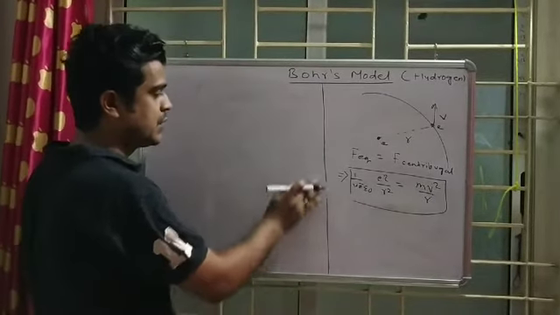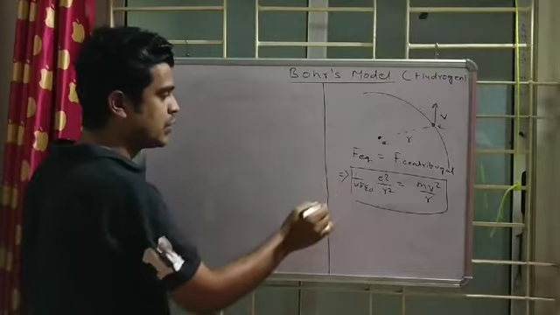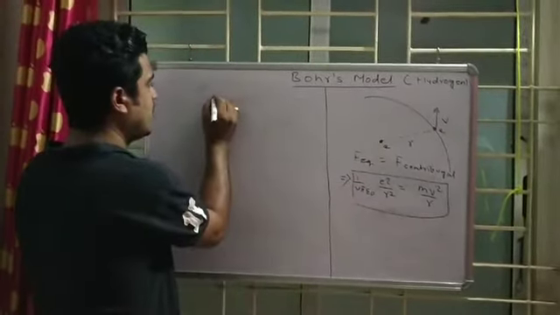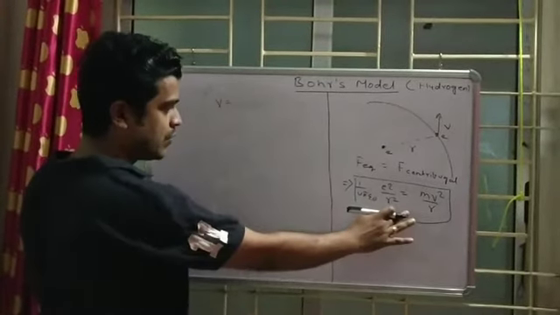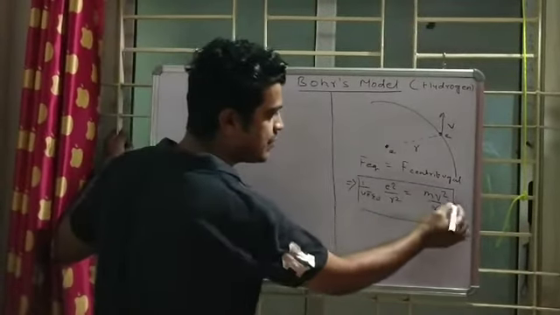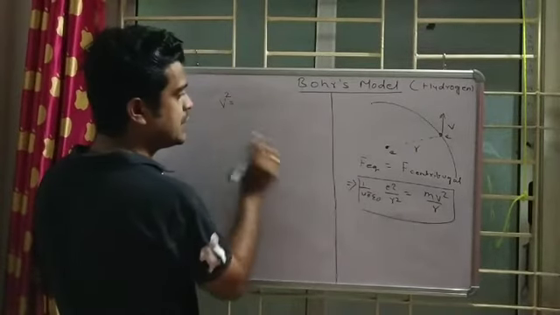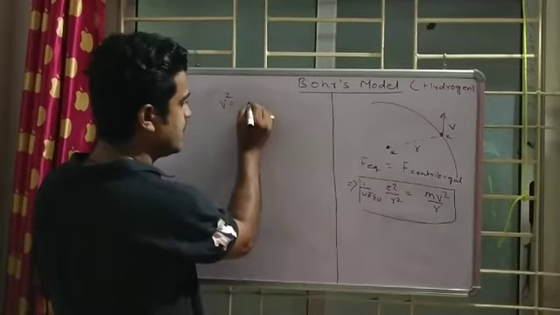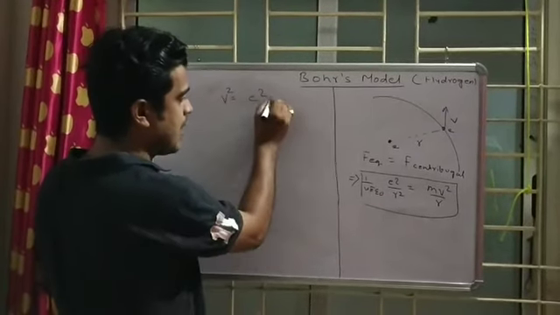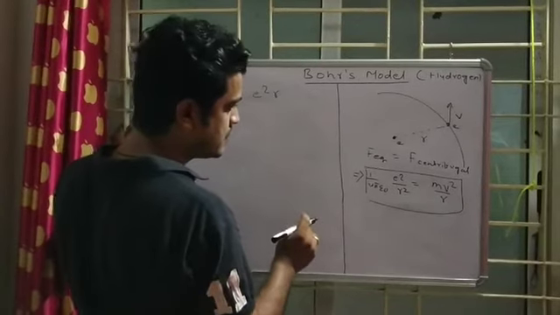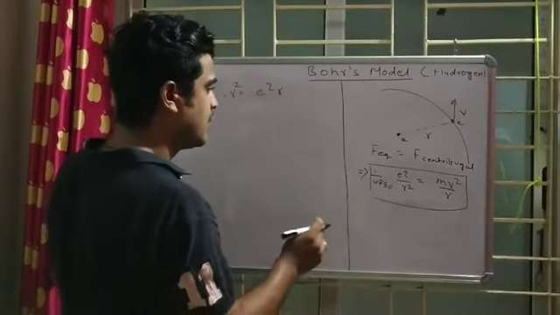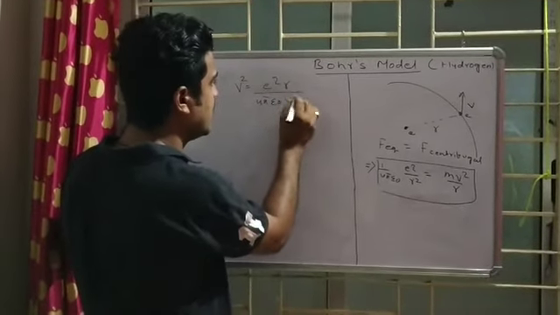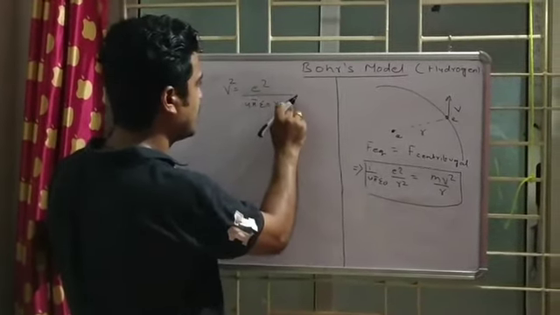Just look carefully. First I will do it for v. From this equation, v square equal to how much? If r and m come to this side, v square equal to e square r upon 4 pi epsilon 0 m r square. So r square will get cancelled and r will be there.